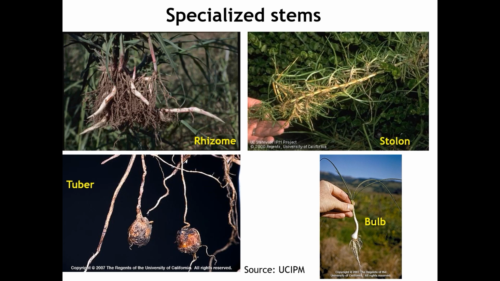On the bottom left side you have tubers of yellow nut sedge plants. Each of those tubers can give rise to a new plant, whereas on the bottom right hand of your screen you can see a bulb like structure which helps in reproduction as well. So these are all specialized structures of the plant that help them in reproduction other than the seed.